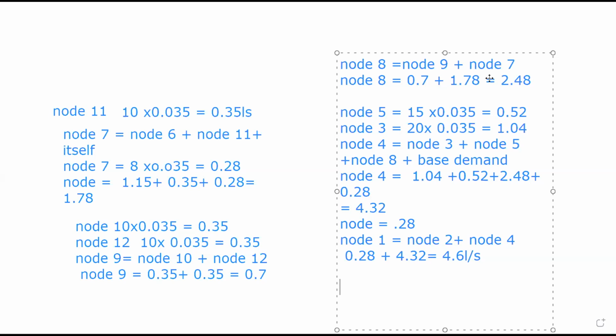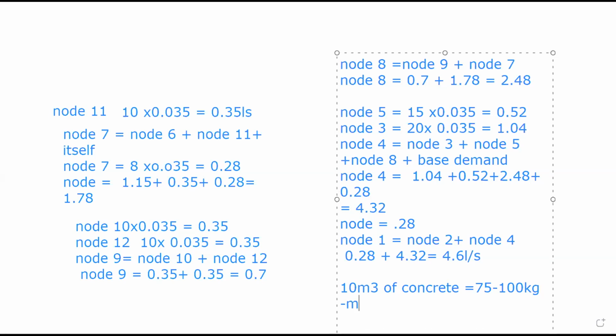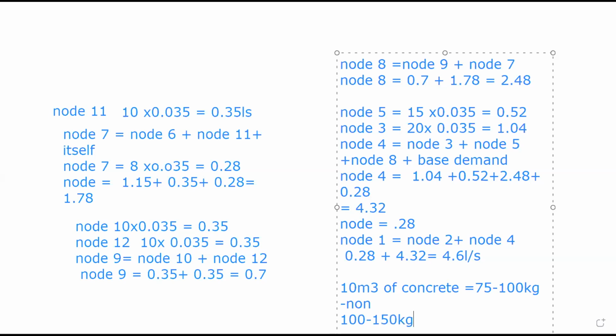You're wasting time, because even the BS standards have told you that for every 10 cubic meters of concrete, for those who are not civil inclined, you need between 75 to 100 kg of reinforcement for non-structural members. Then for structural members, you need about 100 to 150. Then the engineer can start to optimize, depending on whether you are building a car park, a jetty, depending on the structural significance of what you are building.